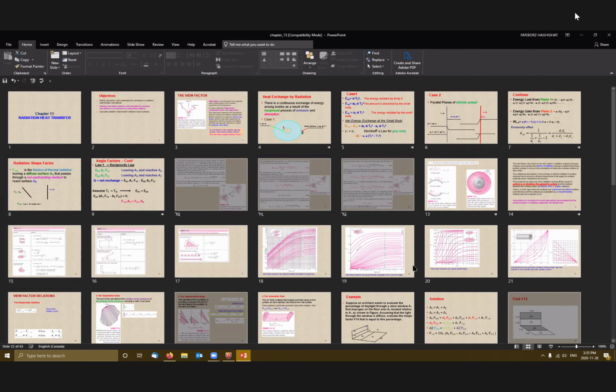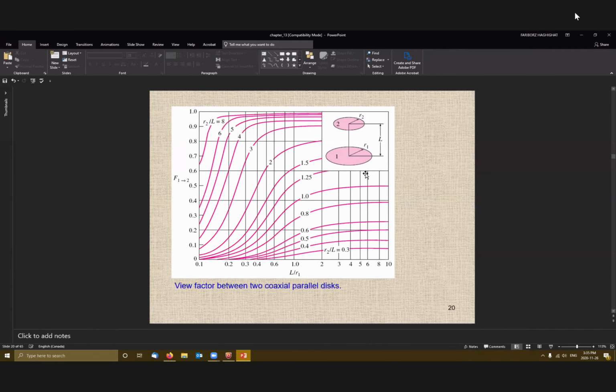You can calculate 2 to 1 or 1 to 2. But the problem is we are not interested in 1 to 2 or 2 to 1.